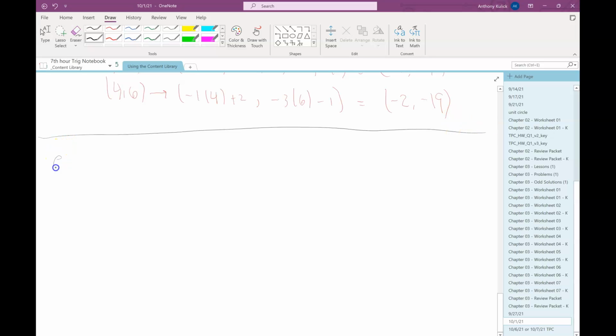So here we're going to say, let's say our parent function is 2x squared minus 3x.